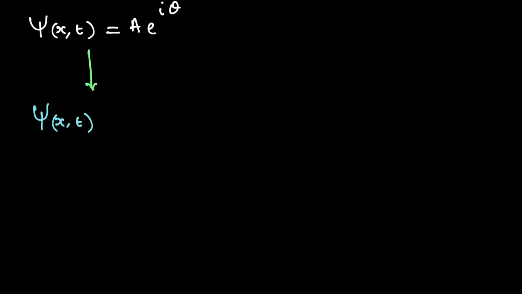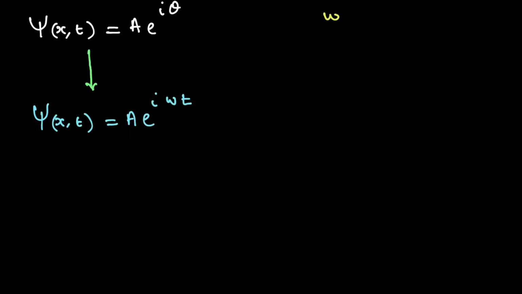So we have the equation psi of x and t, which equals a e to the i angular displacement, and that would transform itself into psi of x and t equals a e to the i omega t.